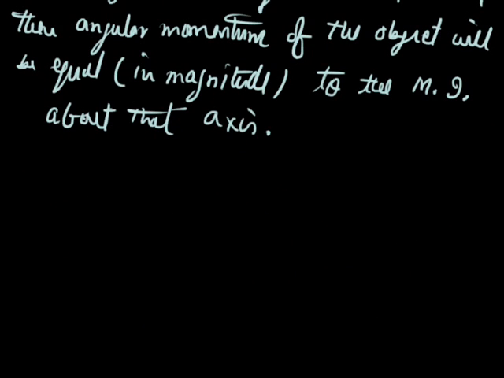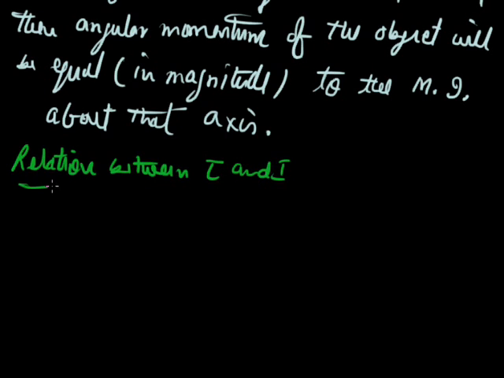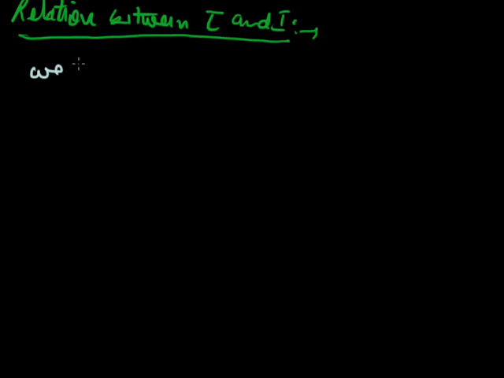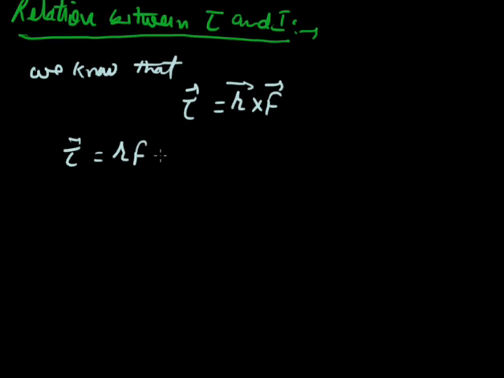Now the relation between tau and I. We know that tau is r cross f, or tau will be r f sine theta n cap. If theta is 90 degrees, then the maximum value of tau will be r f.